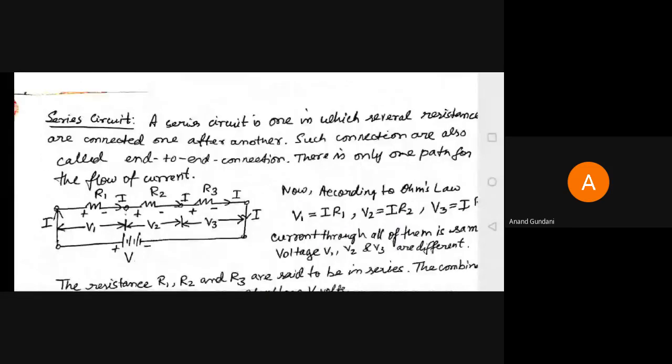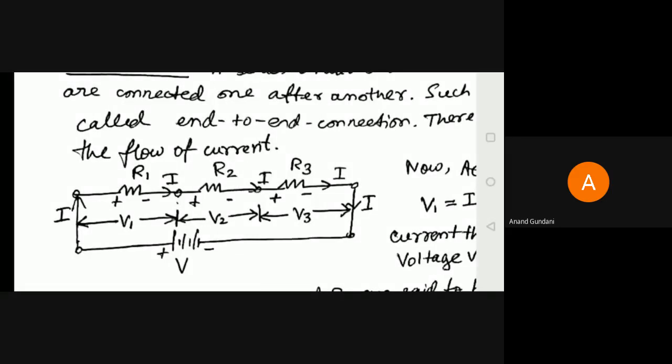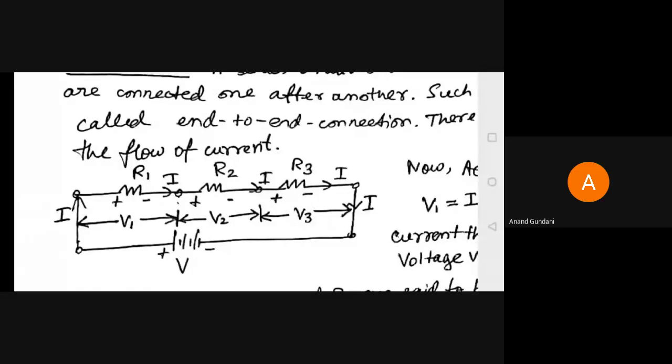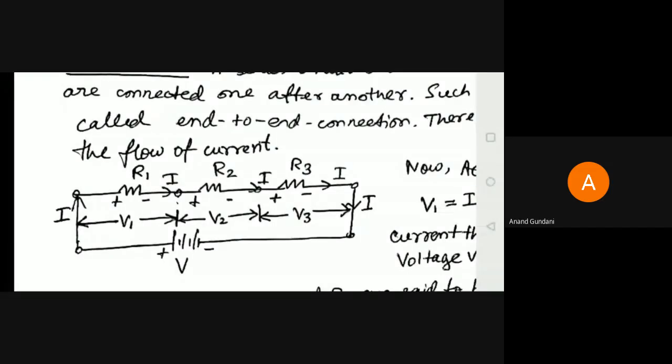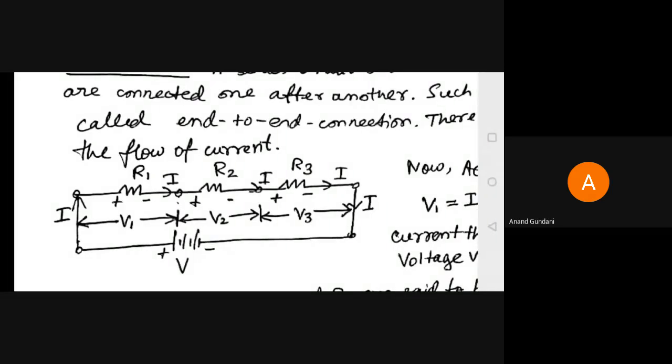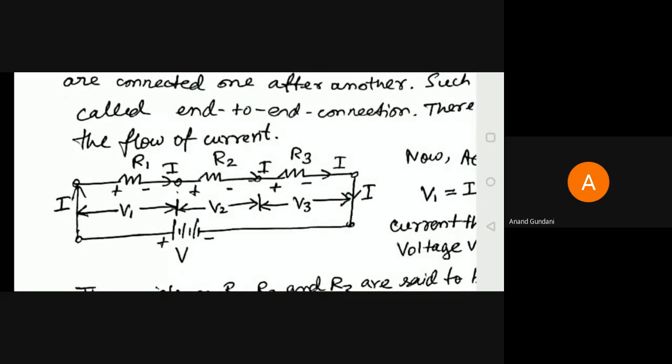Remember this. In case of a series circuit, look at the diagram. The voltage source, the active element, the battery that supplies power to the circuit, sends current I from the positive end, and the same current I comes back to the negative terminal.